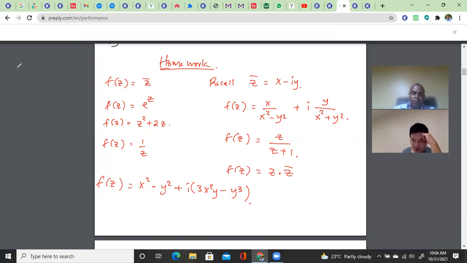Yeah, sure. I found, so we know that z equals x plus iy, I put x plus iy into the formula, into our function, and it became (x plus iy) squared plus 2(x plus iy).